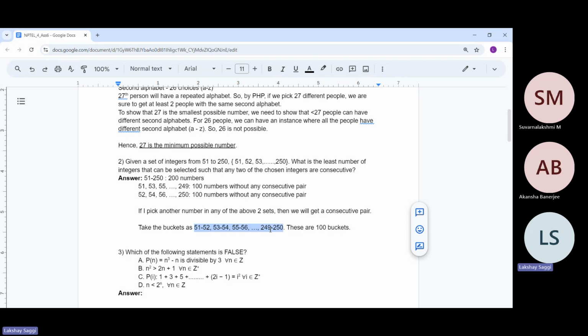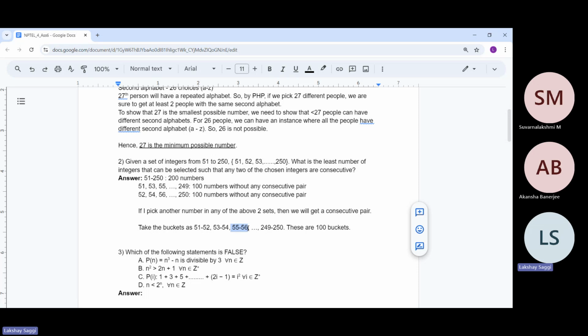But as soon as I pick one more number, 101 numbers, and there are only 100 buckets, then by pigeonhole principle, at least one bucket will have two numbers. And if any bucket has two numbers, then those two numbers are consecutive, because every bucket just contains two consecutive numbers. So if the 101st number filled the bucket 55 to 56, then I would have obtained that 55, 56 is a consecutive pair.